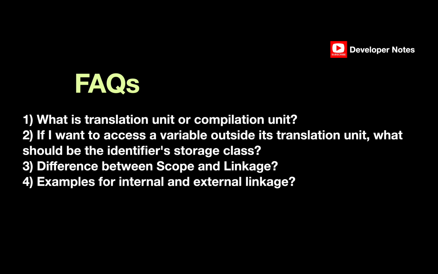I'm really sorry. And the next question is, if I want to access a variable outside its translation unit, what should be the identifier storage class? And questions like the difference between scope and linkage, and examples for internal and external linkage. These are the questions I have come across.